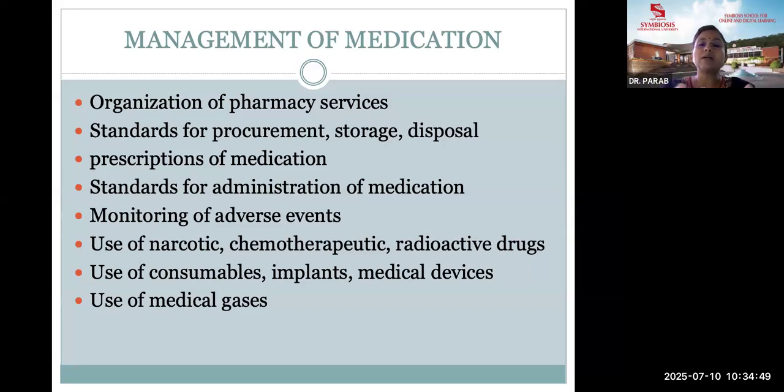So these standards and the objective elements relate to the entry point of the medicine. So how are they procured? How are they purchased? How are they stored? How are they distributed from the pharmacy to the different wards, ICU, OT, ER, and so on? How are they administered? And finally, how are they disposed?